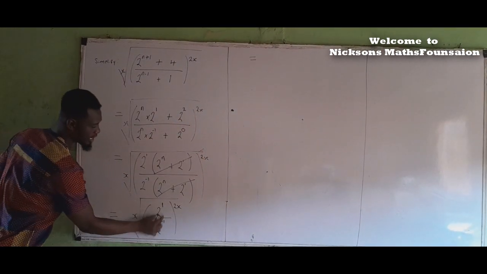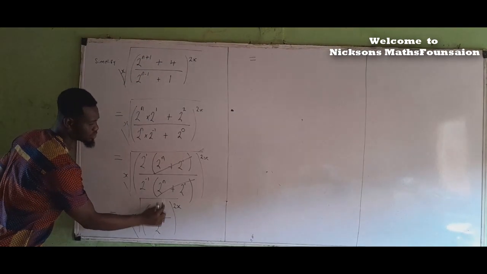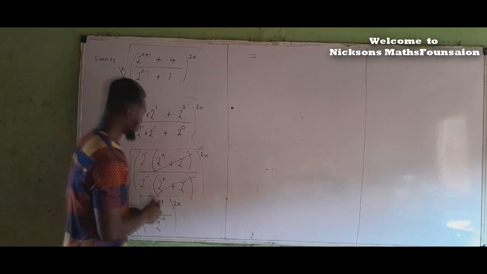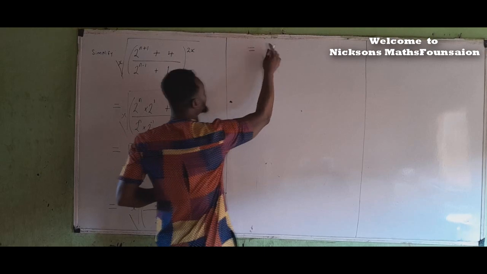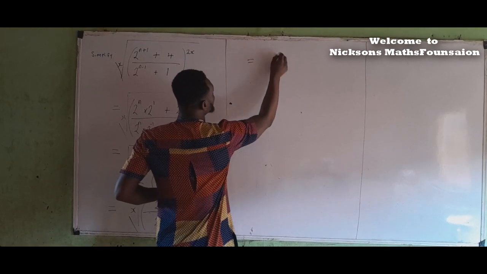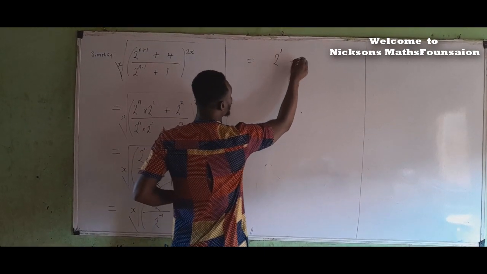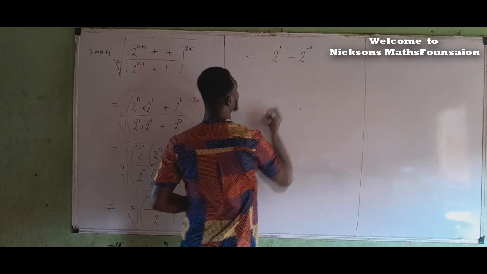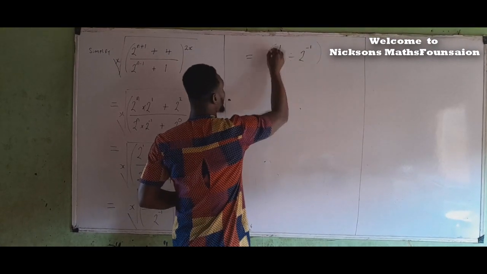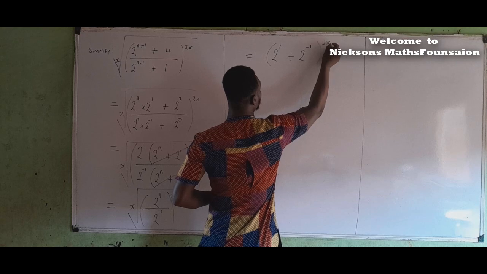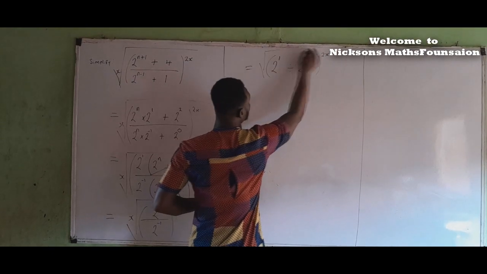Here we can apply our laws of indices. Now this is 2 raised to power 1 divided by 2 raised to power minus 1, all raised to power 2x, x root.